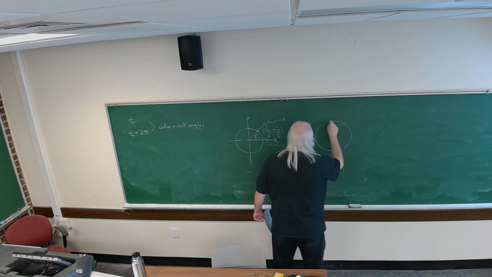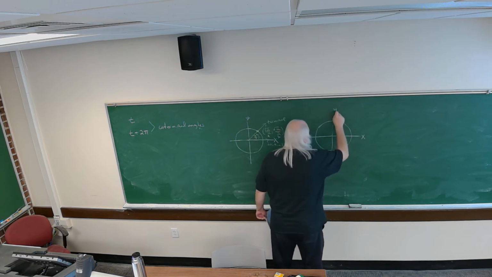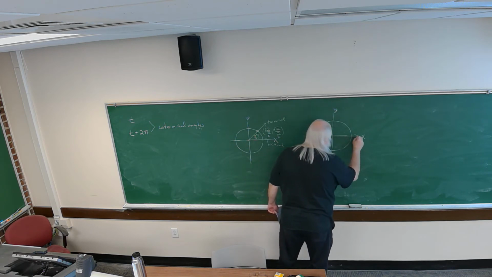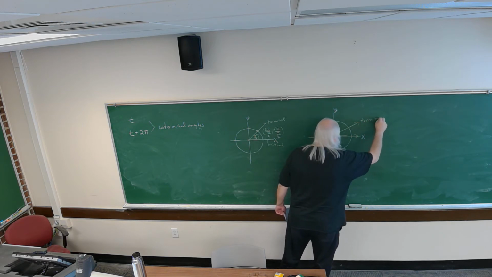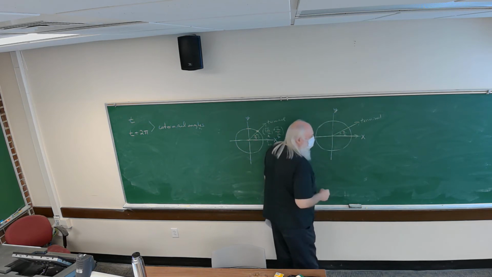So again, here's my unit circle. Here's the terminal side. Or that's, excuse me, that's the initial side. Here's the terminal side. Right, here's the angle, pi over 6 radians.